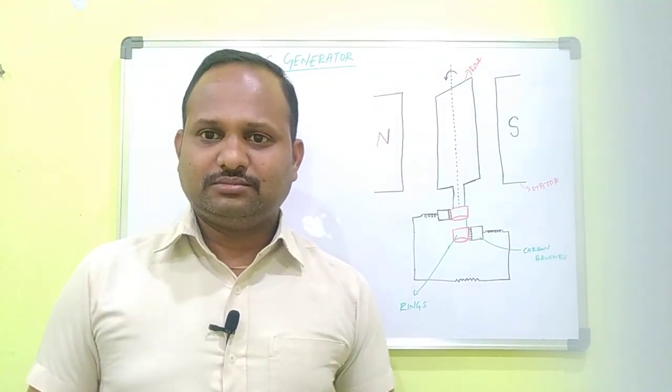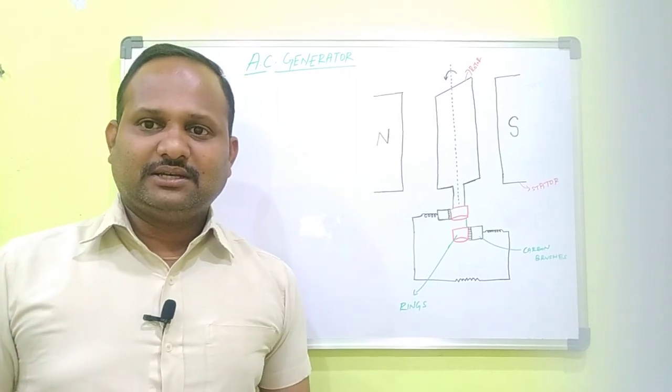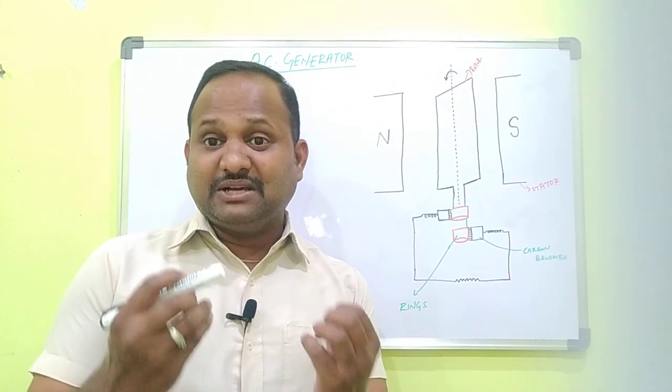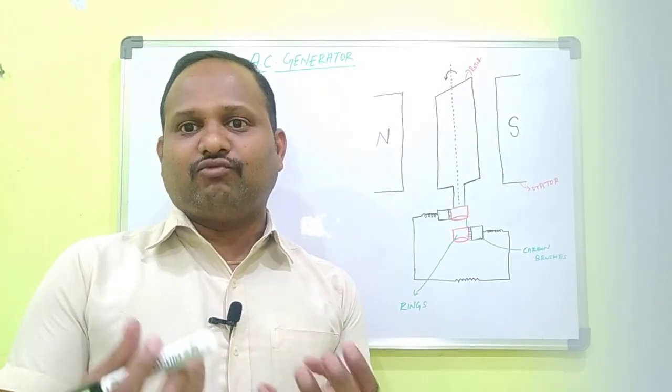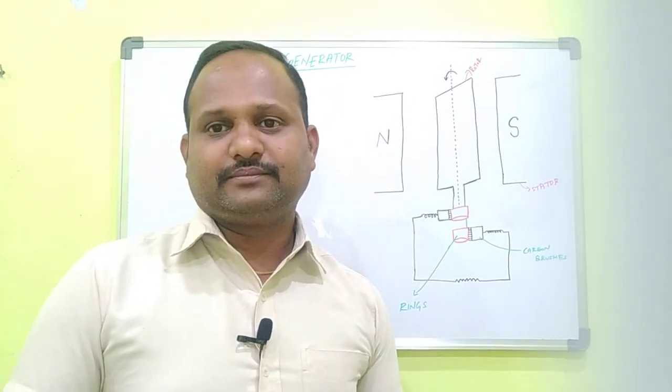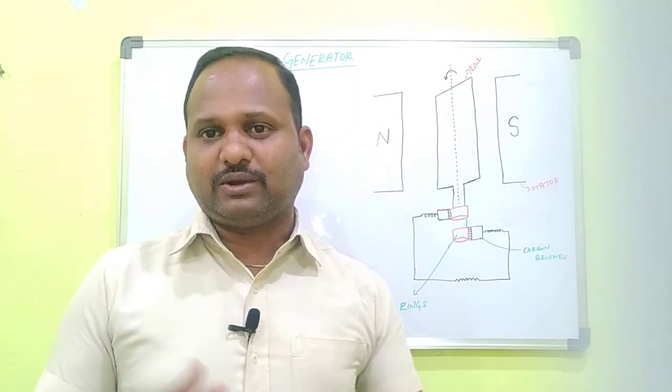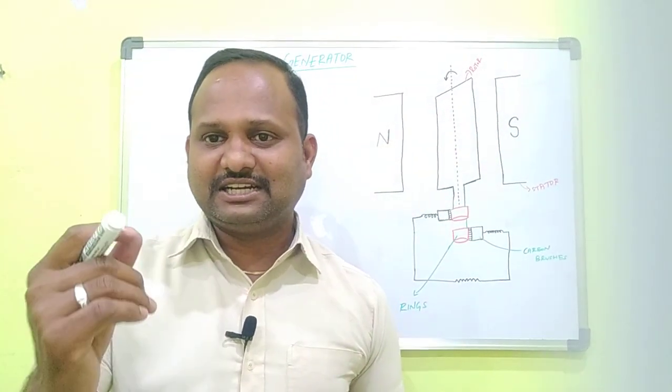What is an armature? An armature is a number of turns of insulated copper wire wound over a metallic frame.